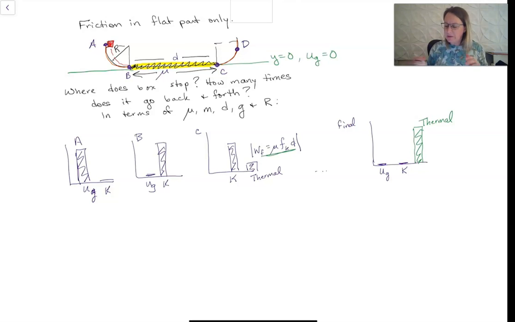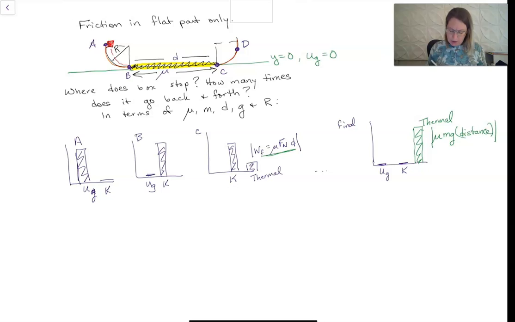The total amount is going to be mu times, sorry, not force of friction, force normal, so mu, and on the flat part, force normal is just mg, mu mg times the total distance, however far it travels. If it goes back and forth 3 times, 4.7 times, whatever, the distance that it travels.